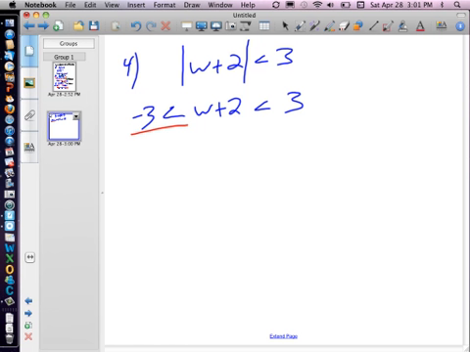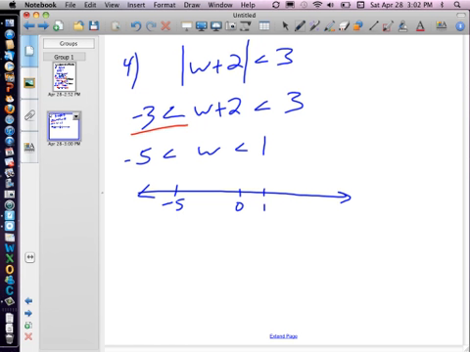Then once you solve it by subtracting 2 from both sides, or from all three sides in this case, we can graph it. Okay, so we have a negative 5, we got a 0, we got 1, and shade on the inside. So, I'm going to stop the video now and go on to part 2.